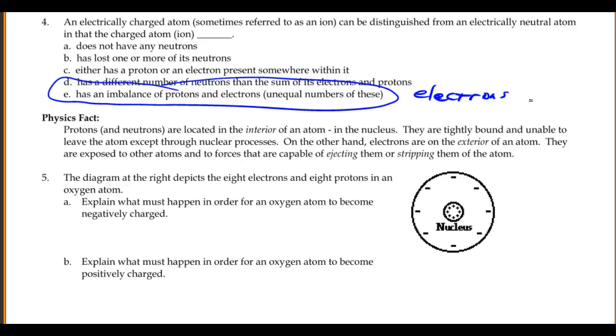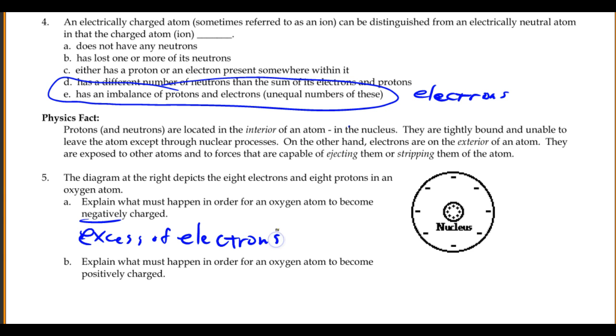Okay, so protons and neutrons are located in the interior of an atom. That's the nucleus. They're tightly bound. It's the electrons that we're going to either eject or strip away from the atom or put onto the atom from someplace else. Therefore, if we want this oxygen atom over here to become negatively charged, I need an excess of electrons.